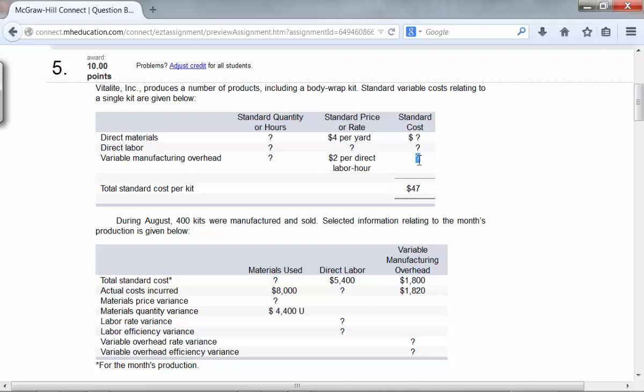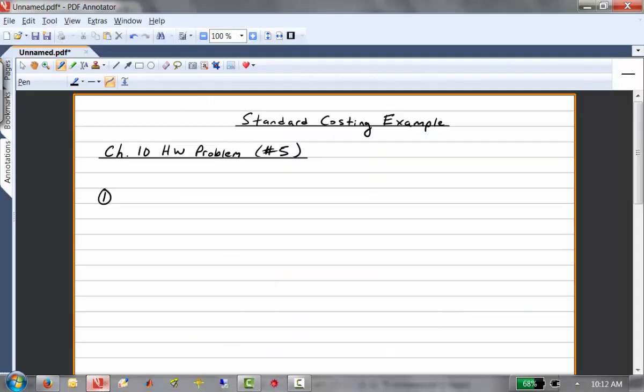So here's what it should cost us per kit, times 400 kits for overhead, equals 1,800. So to get this question mark, we just take 1,800 divided by 400. And that gives us both this question mark and this question mark. And then we could subtract the sum of these from 47 and we'll have this right here. So that's our strategy.